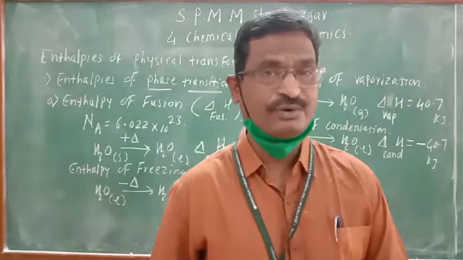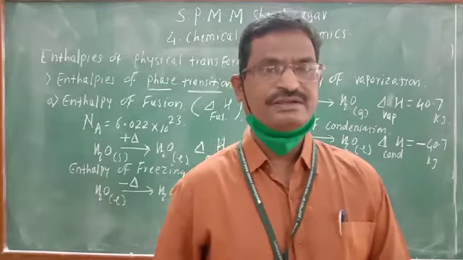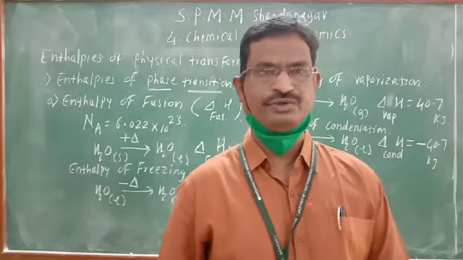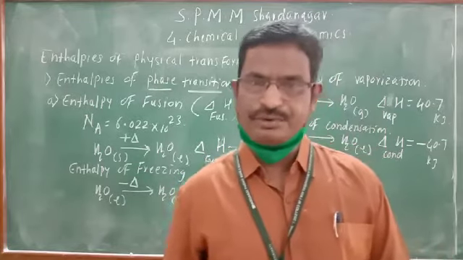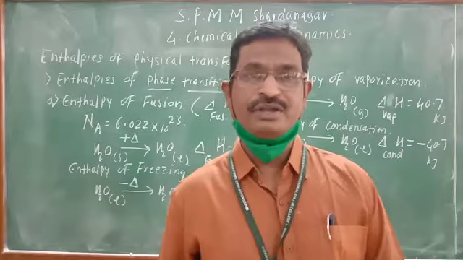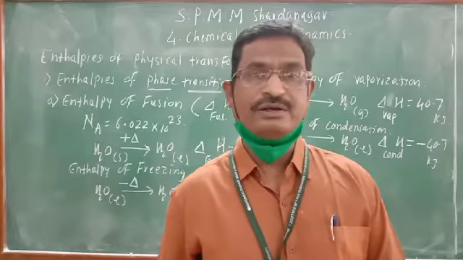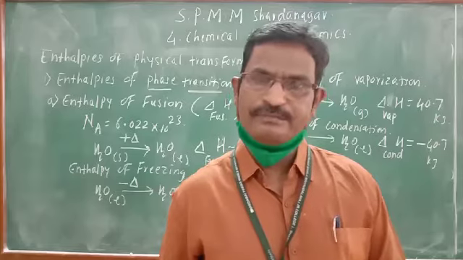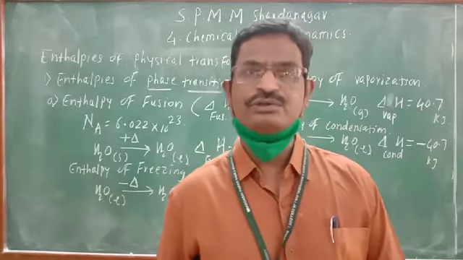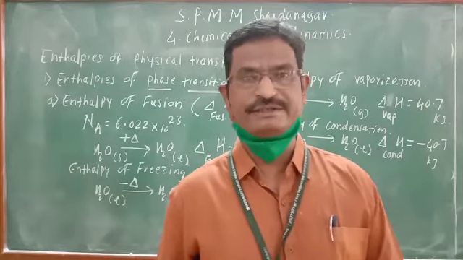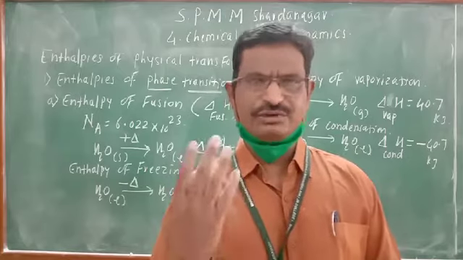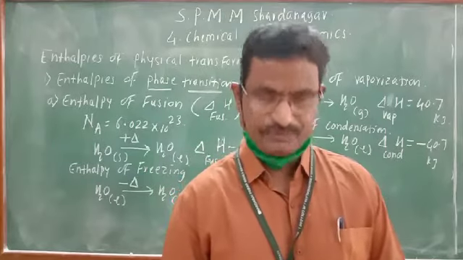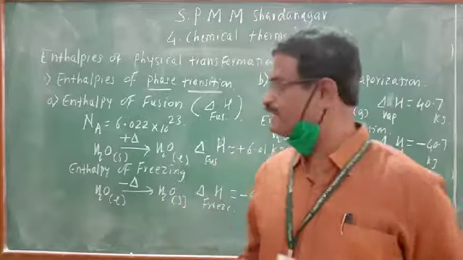What is the name of that process? Sublimation. Sublimation is the process of converting solid directly to gas or gas directly to solid without passing through the liquid phase. There also a phase transition takes place, solid to gas or gas to solid.